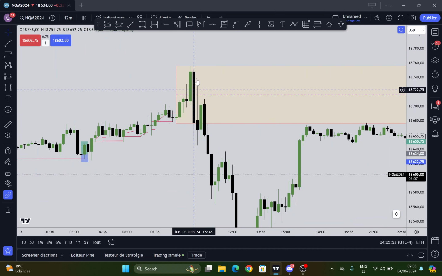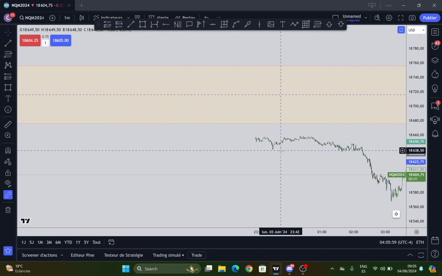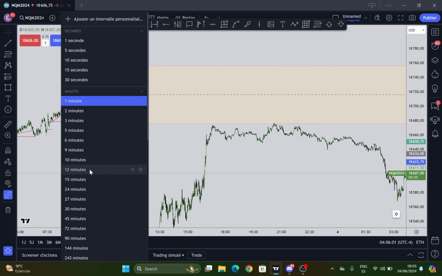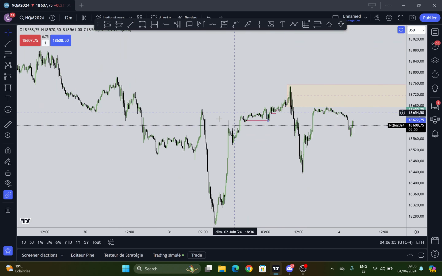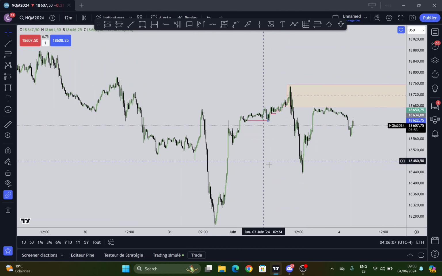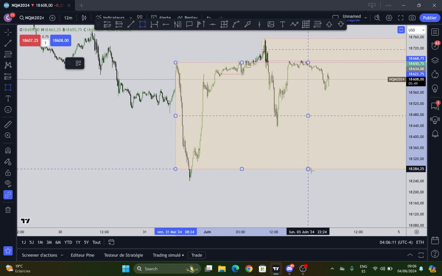And we had like this M12 high. So I was looking now for shorts, right? And I saw that we closed above this M12 protected high, so we created and validated this zone, right?